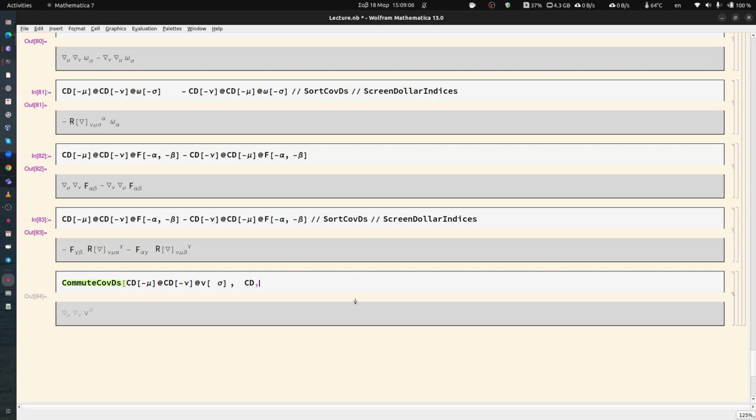Remember that xTensor works in environments where multiple covariant derivatives and multiple metrics can be defined. So here we specify that it is the covariant derivatives of CD that we want to commute. And then, in the end, we will have to say how we want the indices to be ordered. So here you see the indices are written here in the new order, and here we say that we want them to be written in terms of the new order.